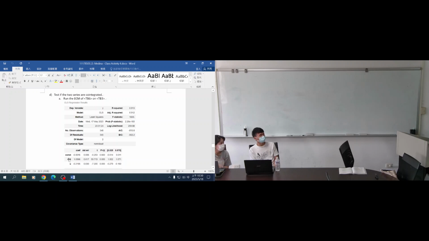You have to change the name yourself using Python. That is not good. And why difference TB3, the newest residuals? So this is a show run. Both of them are the difference.